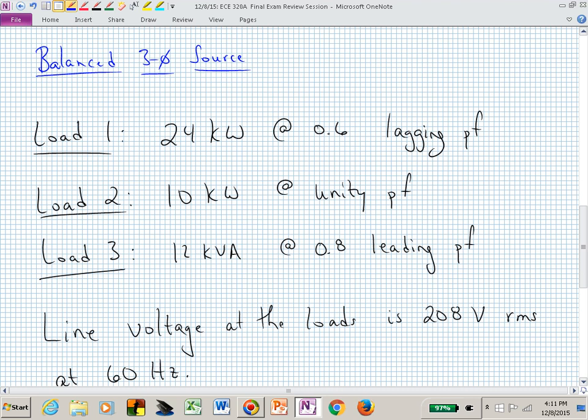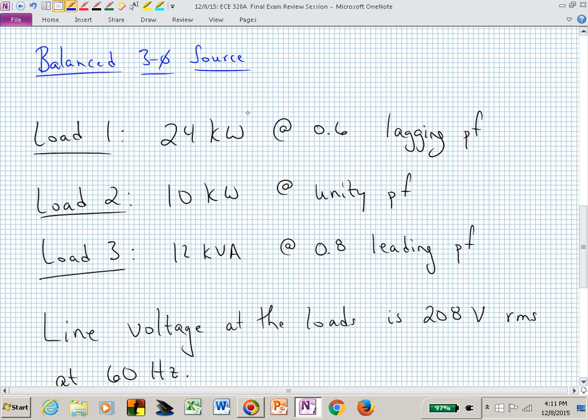What kind of power are they referring to, or did they give you? And this is where the units come in. Watts mean real power or average power. Real power and average power are the same.